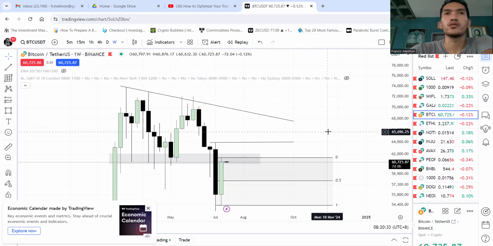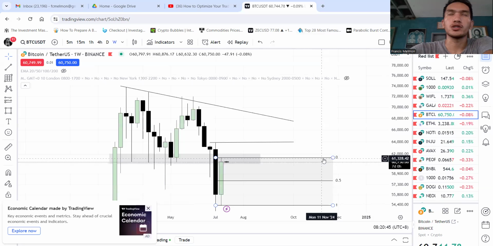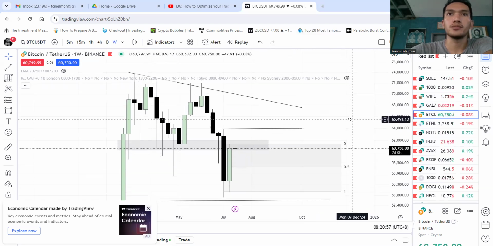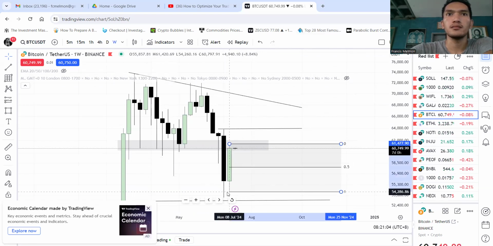So we are going to look for the market structure, then the premium and discount. Then we will be looking for certain PD arrays, such as FVG or key levels in the daily or other time frames. So we have plotted the high and low of the previous week.